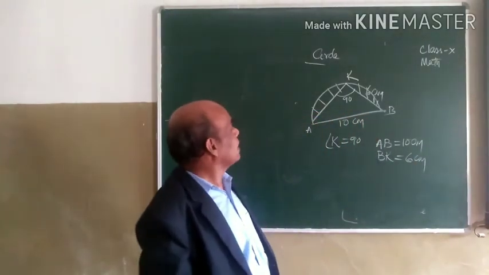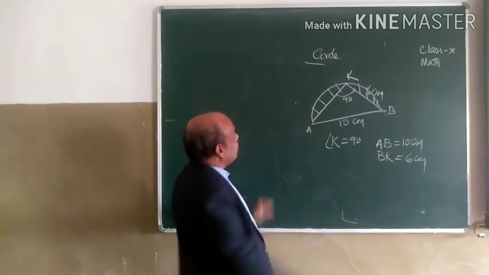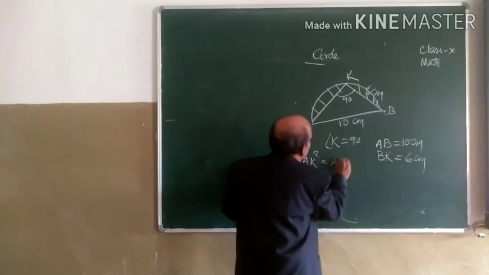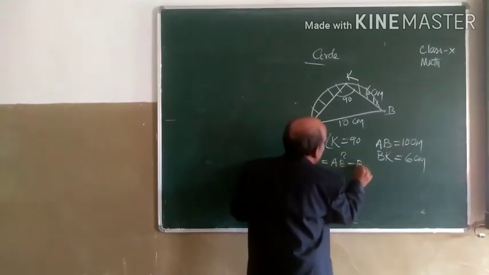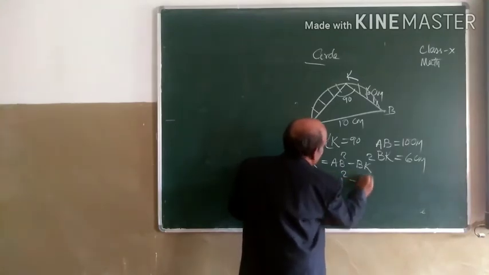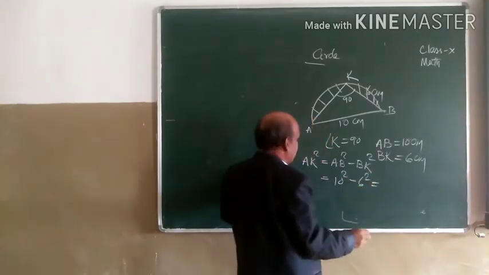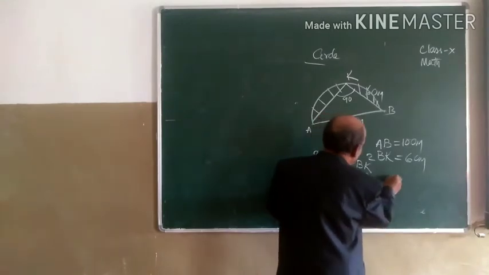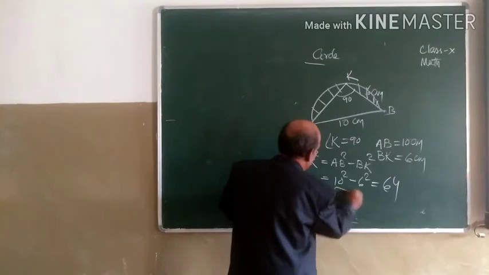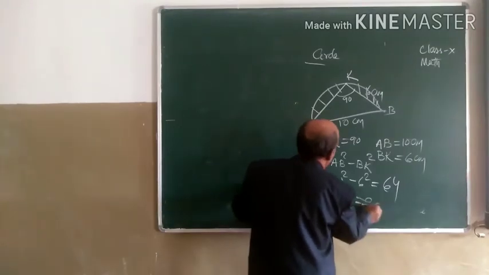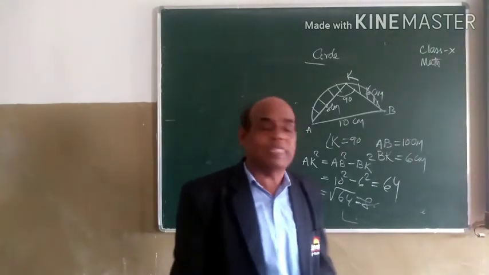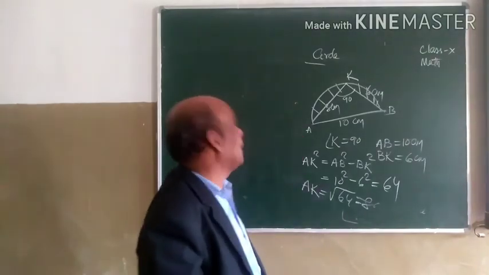So according to Pythagoras theorem, AK square is equal to AB square minus BK square. So you can write square of 10 minus square of 6, that is 100 minus 36, which is 64. So AK is root over 64, that is equal to 8 centimeter. So as per the Pythagoras theorem you got the value of AK.